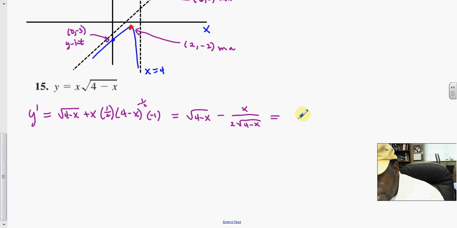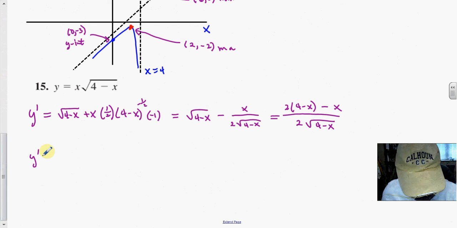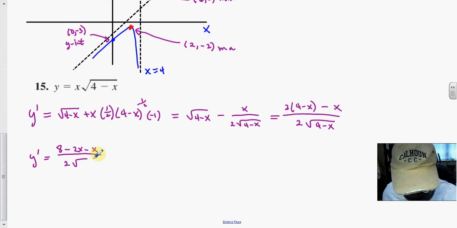And that gives us up top 2 times 4 minus x, minus x, all over the common denominator of 2 times the square root of 4 minus x. So y prime is 8 minus 2x minus x all over 2 times the square root of 4 minus x.